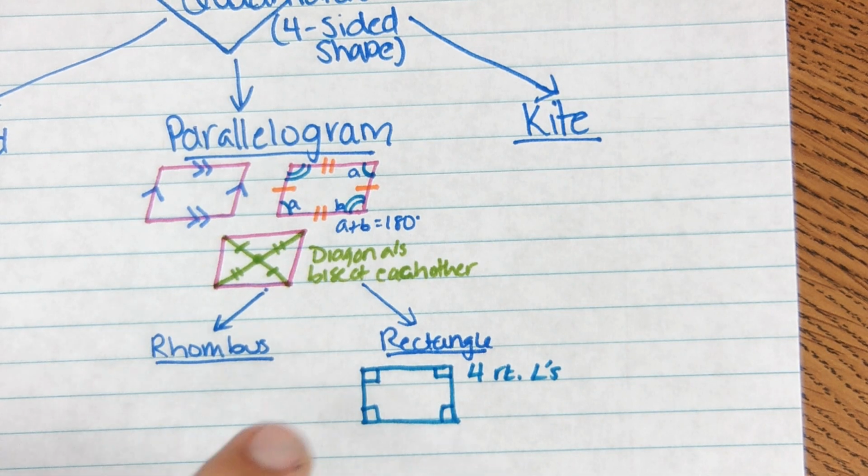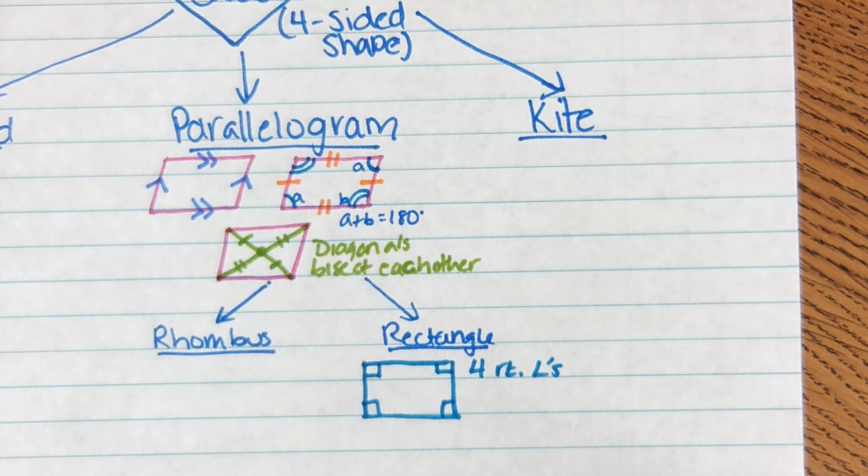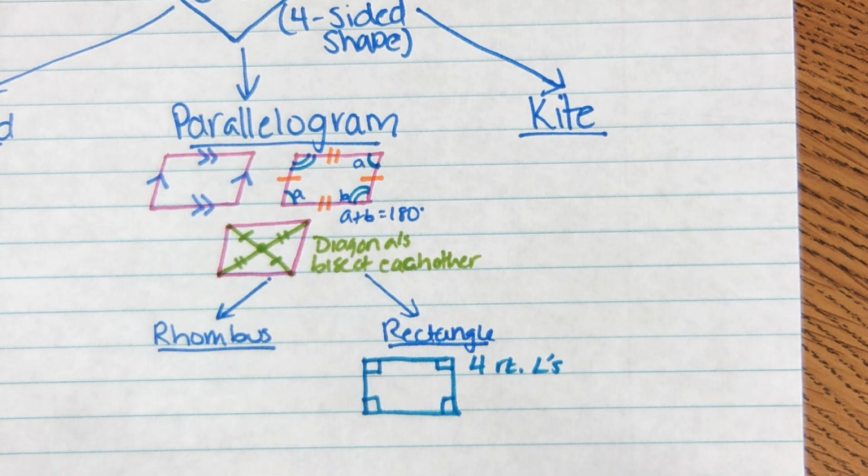And because a rectangle does follow all these rules, it's also a parallelogram. So you could classify it as that too.